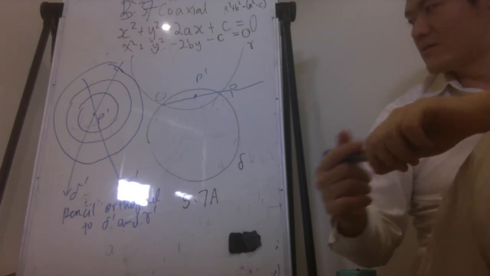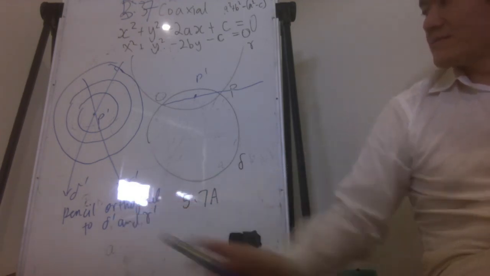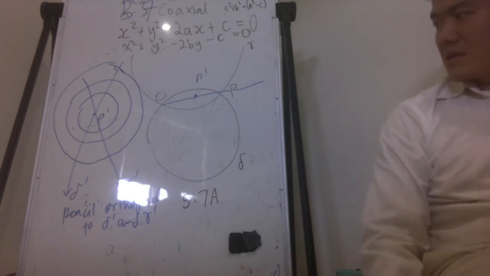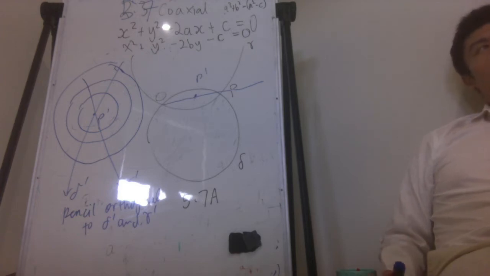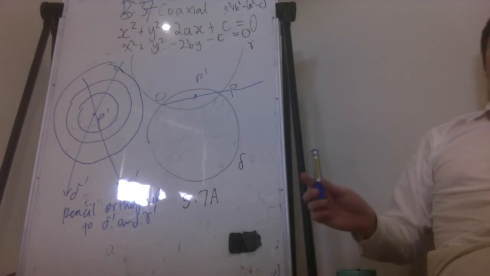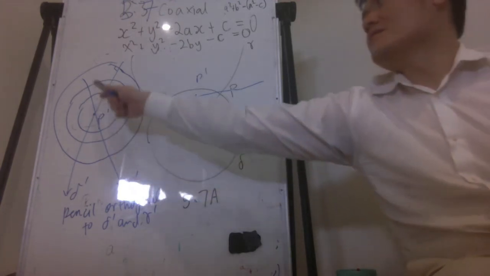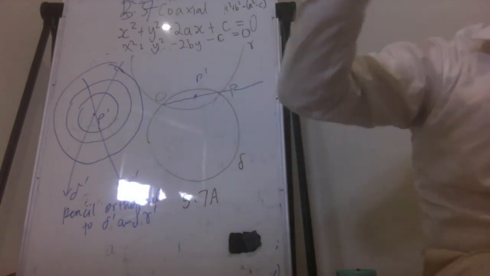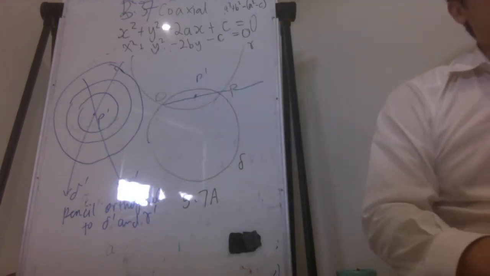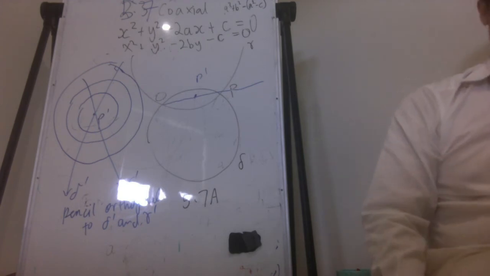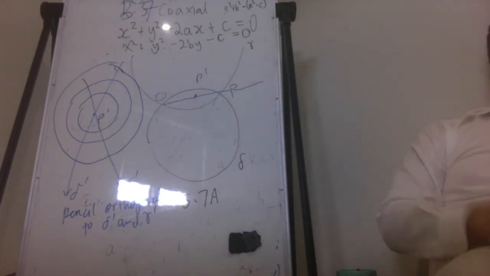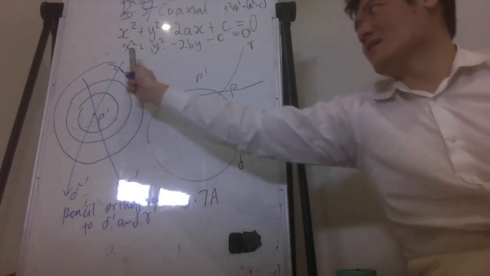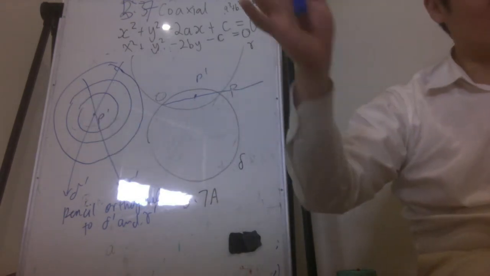We have this pencil of orthogonal circles. What's the pencil of gamma delta? It's all the circles coaxial with gamma delta. So gamma delta goes to these lines that go through the center. I guess what we mean by diameter is a line that goes through the center.